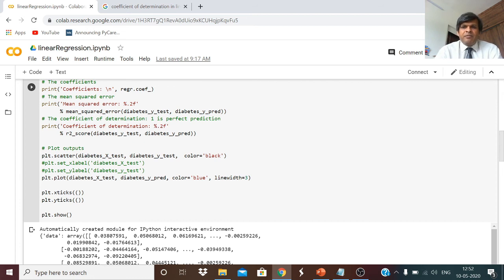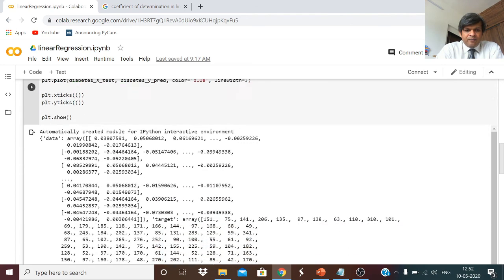It sounded very complicated to derive those values, but thanks to the scikit-learn libraries, it is very easy for us to determine them. Here you can see how we figure out the mean square error, and this is the coefficient of determination, which is also known as R squared or R2 score. This will return the value of mean square error and coefficient of determination. So we have printed that out.